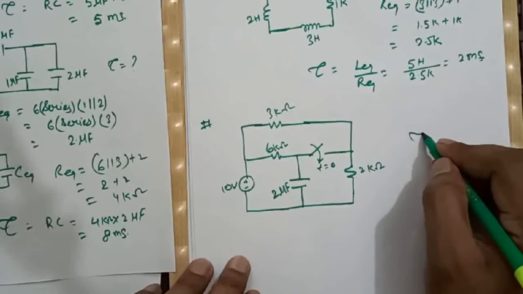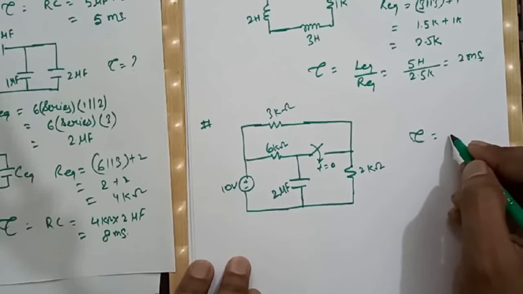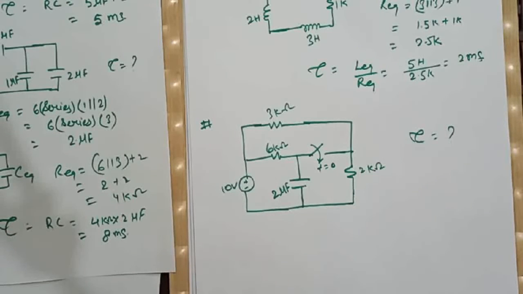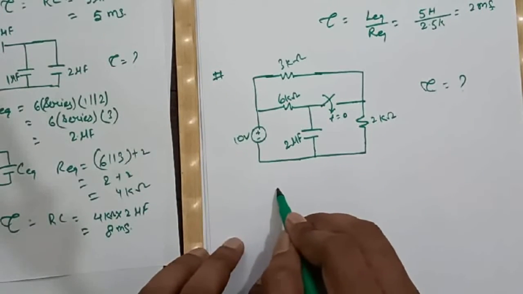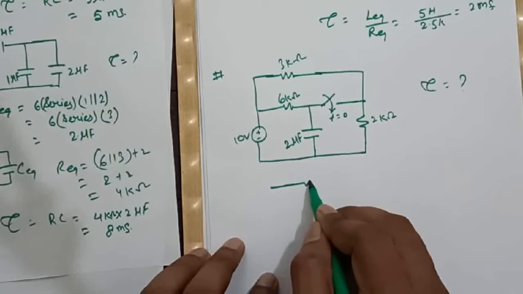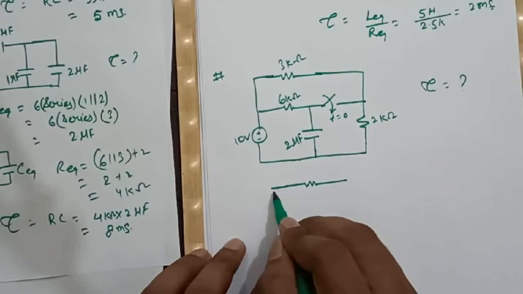The question was, what will be the time constant of the circuit? Now to find the time constant, what do we have to do first? First of all, we have to remove all the sources or replace all the sources by their internal resistance. So after removing this source, the circuit will get transformed into this.